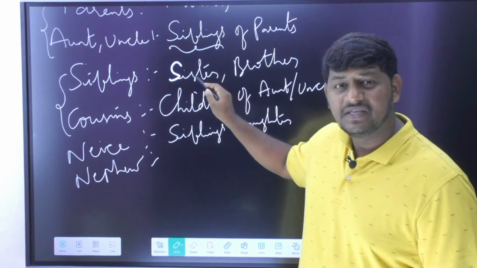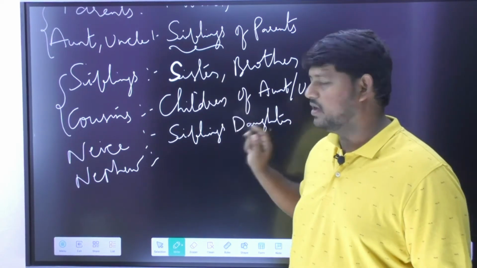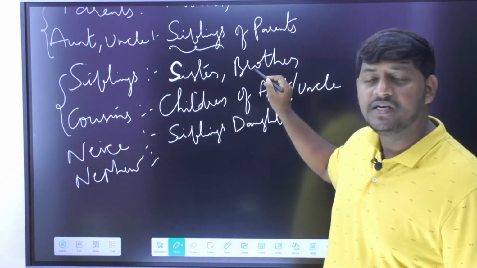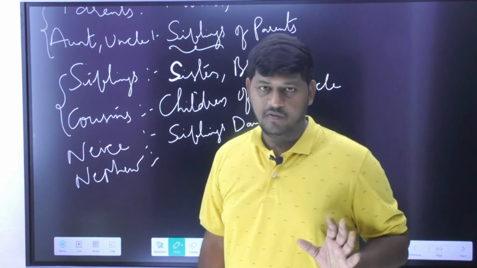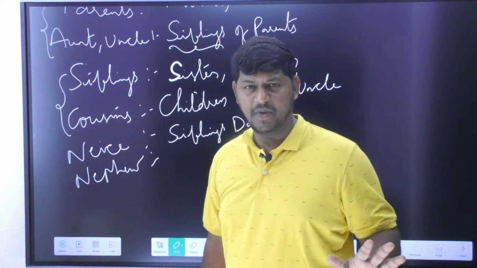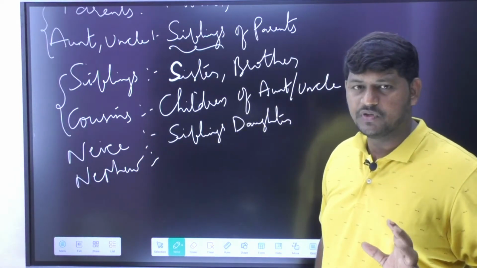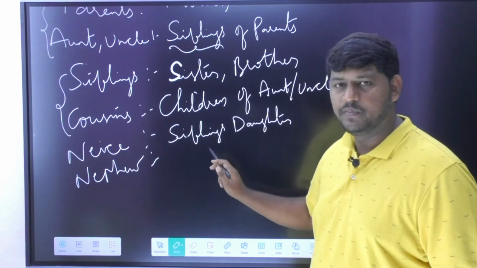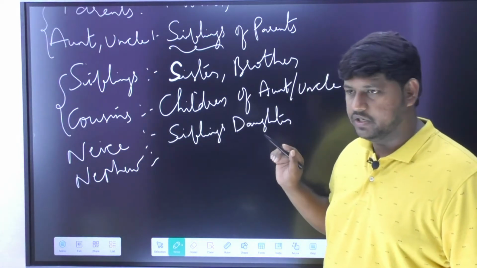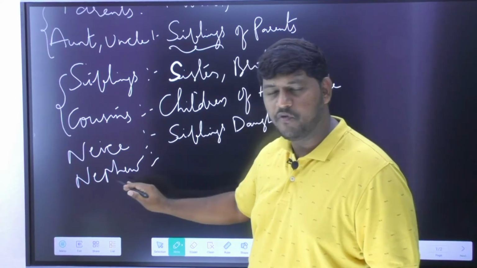So your sister's daughter is also your niece and your brother's daughter is also your niece. Whatever gender you are, whether male or female, it doesn't matter. Ultimately we are supposed to get only one particular answer. So that is why niece is called sibling's daughter.